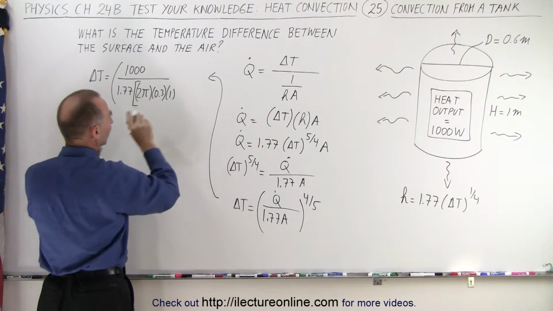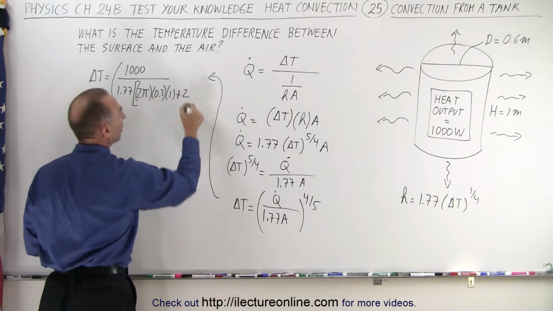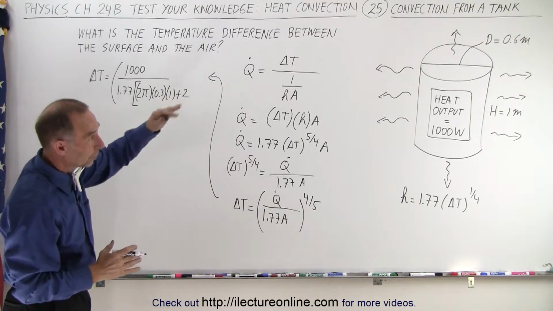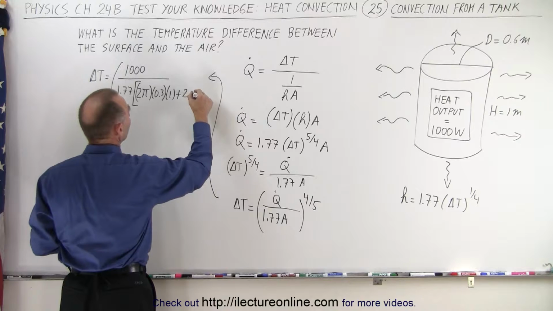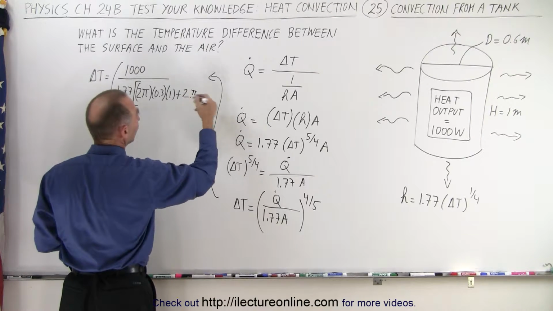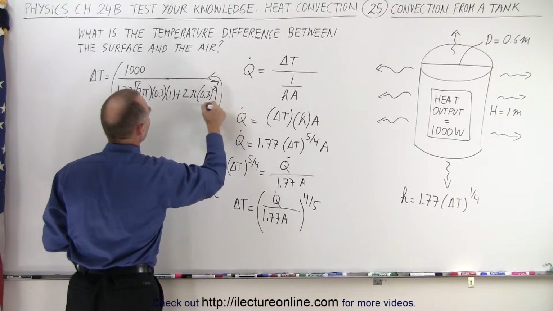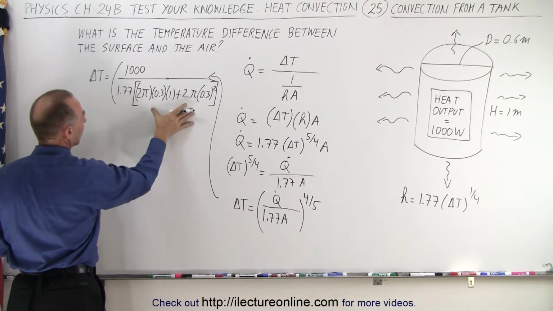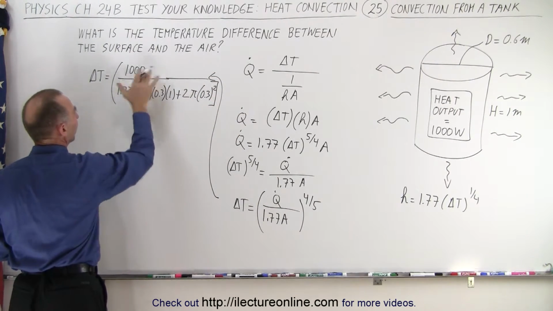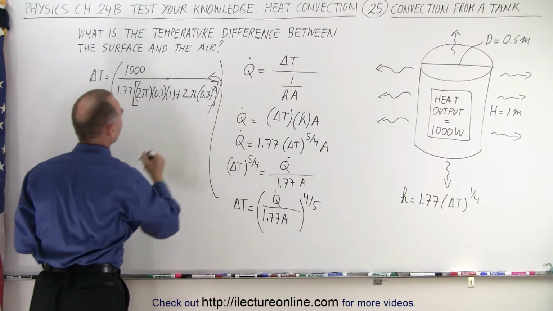So that's the surface area of the sides plus 2 times the surface area of either the top or the bottom, which is 2 times pi times the radius squared, 0.3 quantity squared. There we go. That's the total surface area of the tank times 1.77 divided into 1,000, like this.